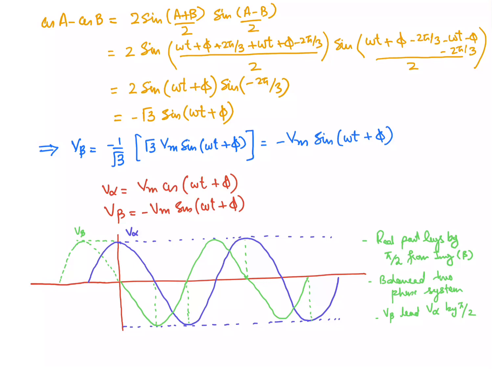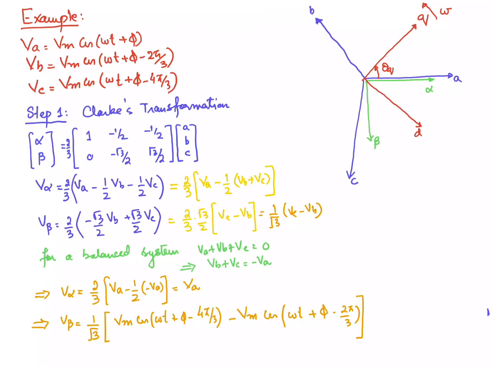So now let's look at the orientation. First of all, the orientation is like this: our alpha axis is along the A axis and the beta axis is lagging behind. So for that we can say V alpha minus j V beta, right? We basically want to work with V alpha minus j V beta, because that will define our space vector in the alpha beta frame of reference. Why minus j V beta?